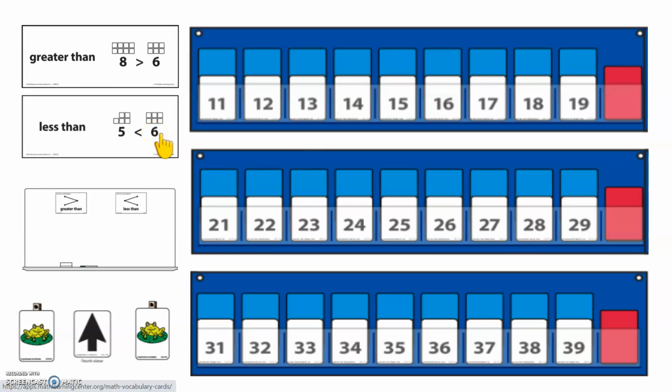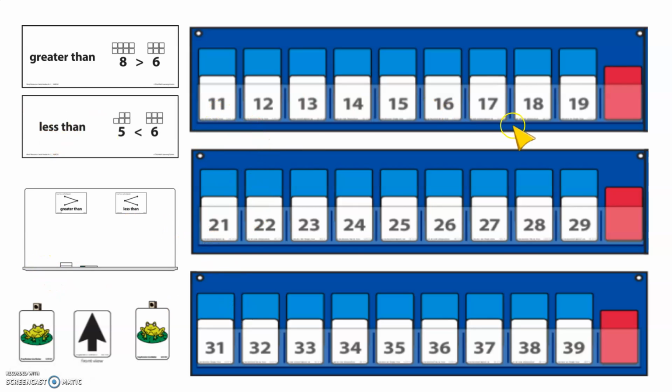Is that true? Let's see. If I had 5 and I had 6, which one is the smaller number? 5 is less than 6.